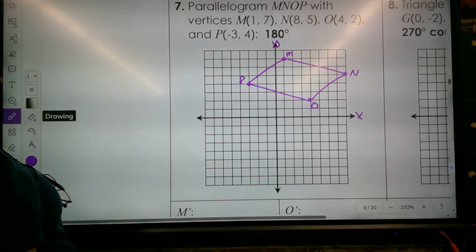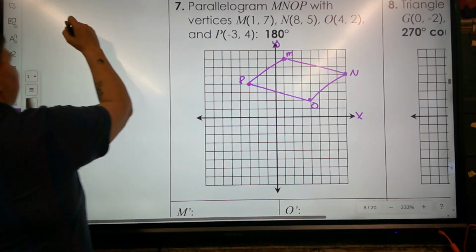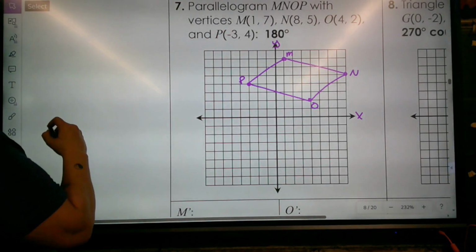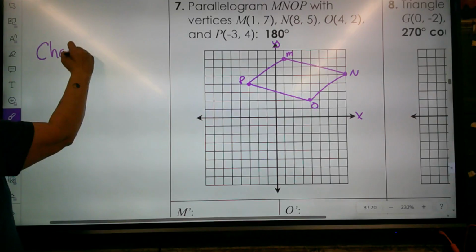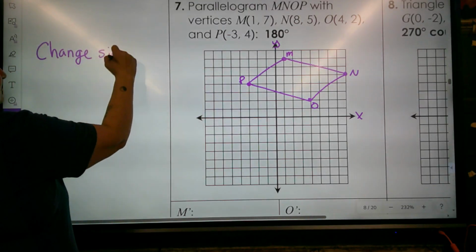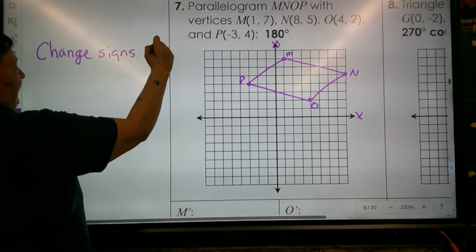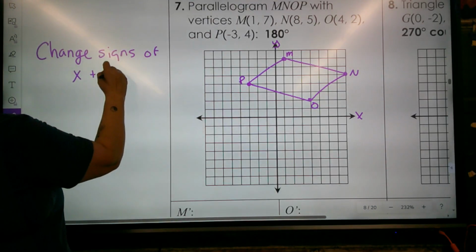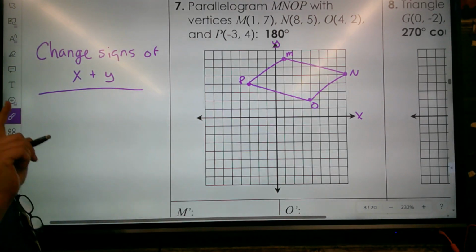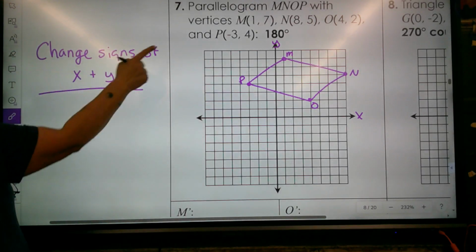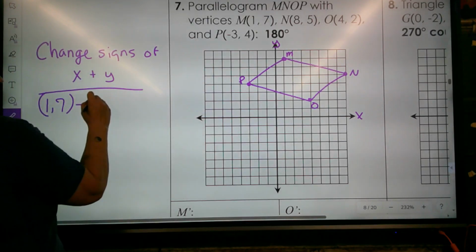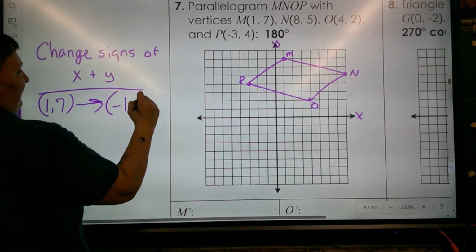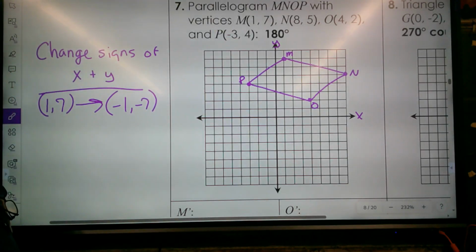All right, and then we're going 180 degrees. That means the rules for 180 degrees are change both signs, right? Change signs of X and Y, but don't switch them, right? So we're going to start with 1, 7, and it's going to become negative 1, negative 7. We're just changing the signs.